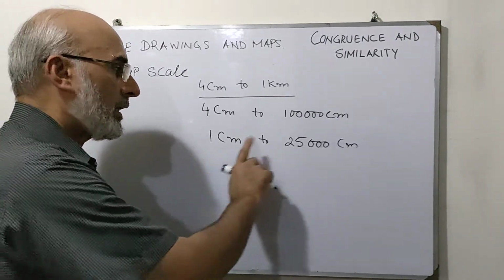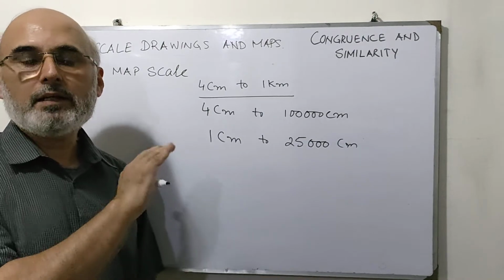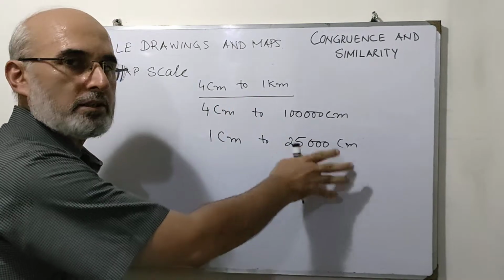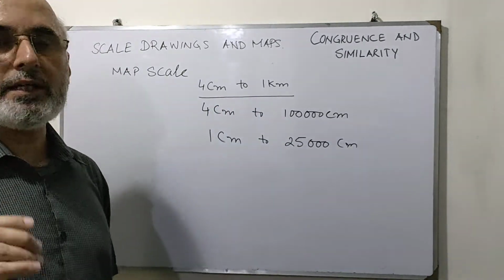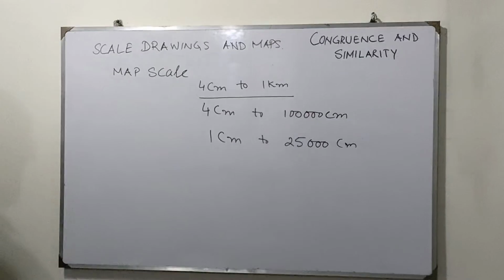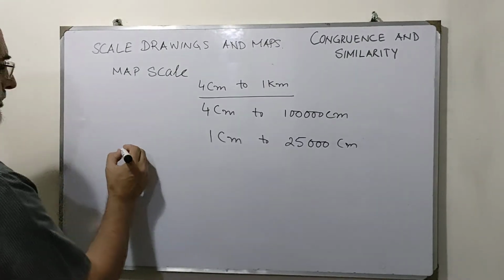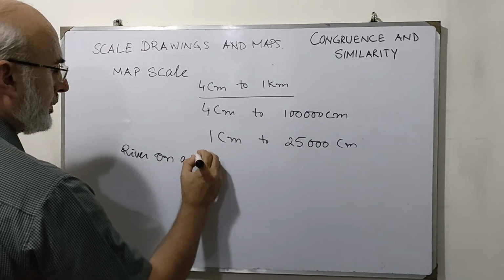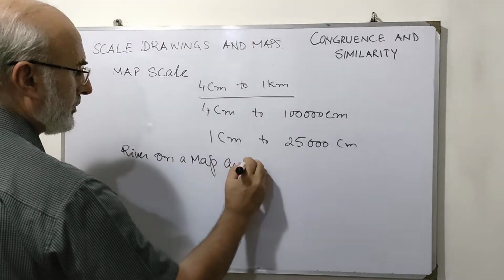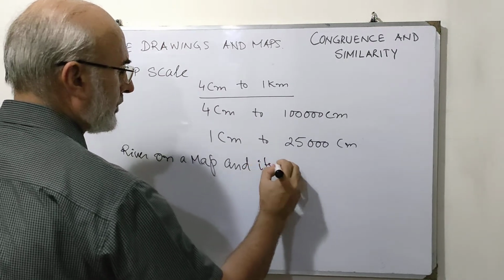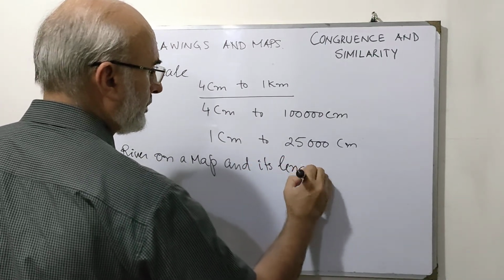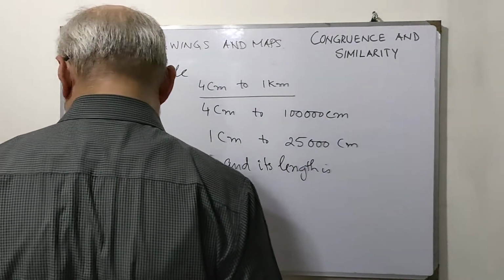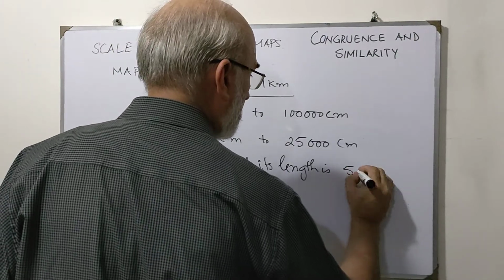Okay, both are in the same units, and it makes sense that 1 centimeter is representing this many centimeters on the land. Okay, now suppose we have a river on a map and its length is 5 centimeters.